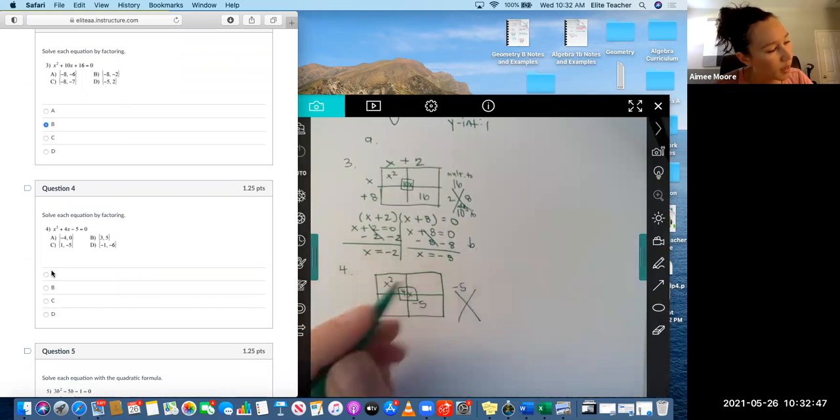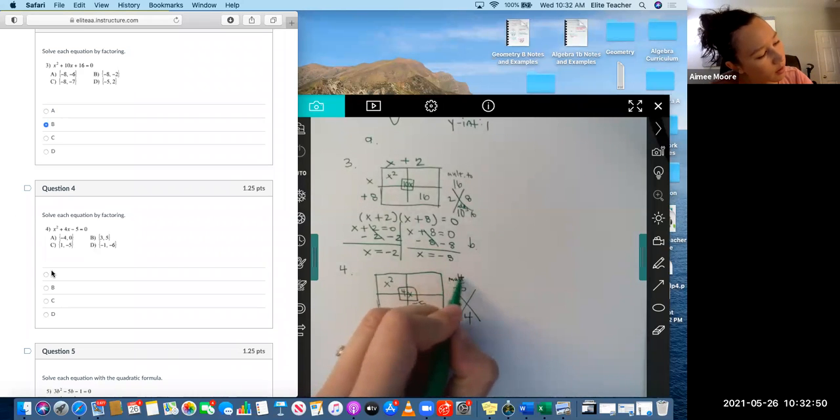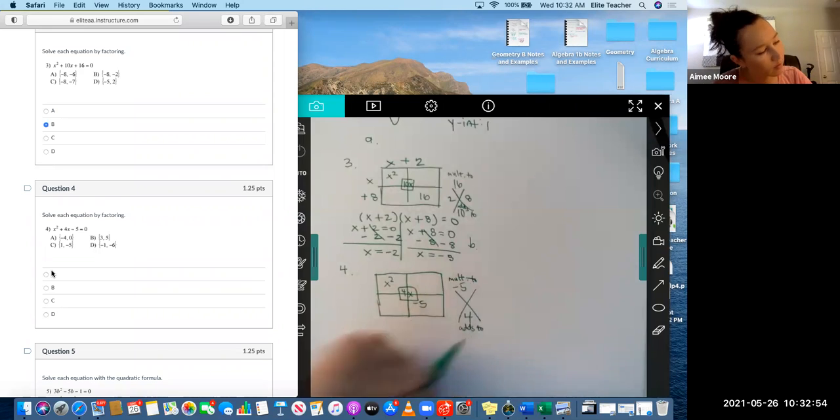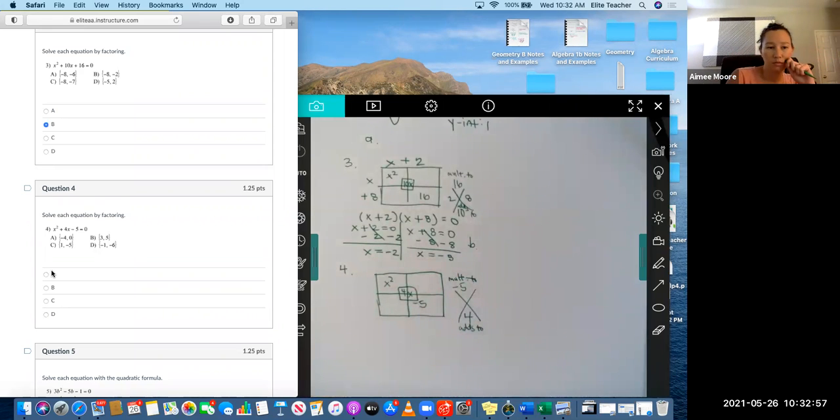So this one, it needs to multiply to -5 but add to 4. So Dakota, it has to multiply to -5 and then add to 4.